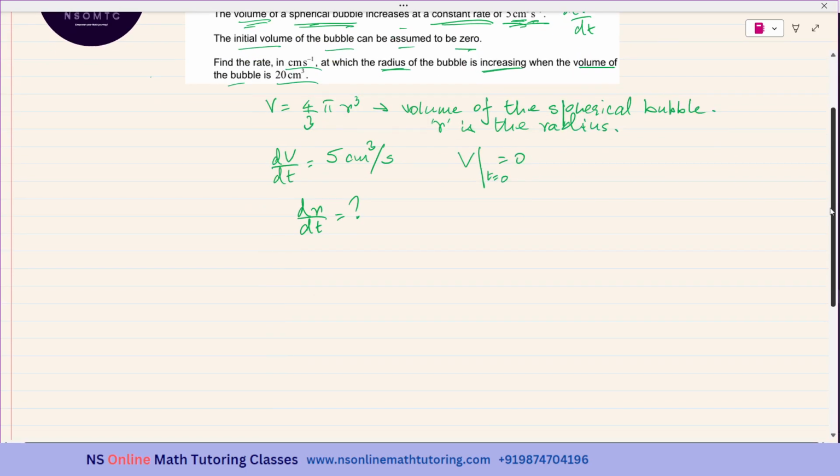So, we will be differentiating this formula. We will be differentiating with respect to time because we need dr by dt.